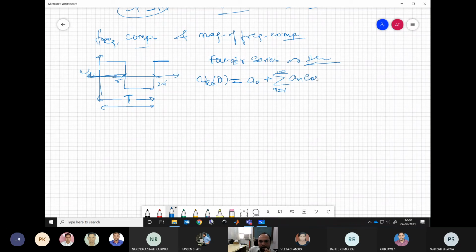Something like cos n theta. So the sum of all those cosinusoids which may be there, or there could be sinusoids of the same frequency. So it may have this, or it may have both, including some DC component.